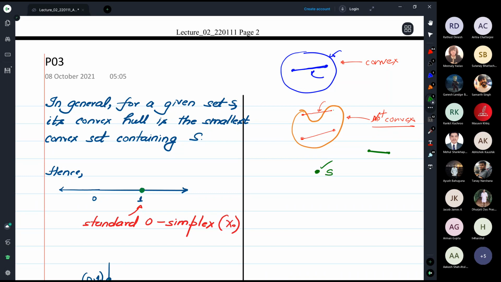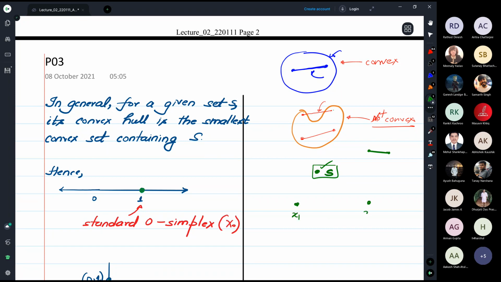So the smallest convex set containing S: S consists of only this point, so the smallest set containing S is S itself. The convex hull of a single point is itself. On the other hand, let's say I give you 2 points and I ask you what the convex hull of this is.